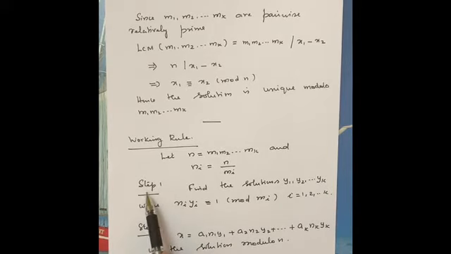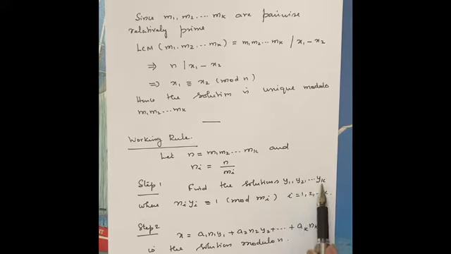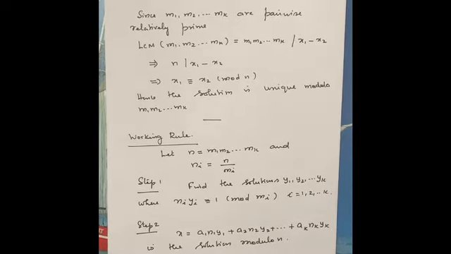And from that, first we have to find the solutions y1, y2, etc. yk which satisfy ni yi congruent to 1 modulo mi. Step 2, we are assuming x equal to a1 n1 y1 plus a2 n2 y2 plus etc. plus ak nk yk is the solution modulo n. Only 2 steps we have.